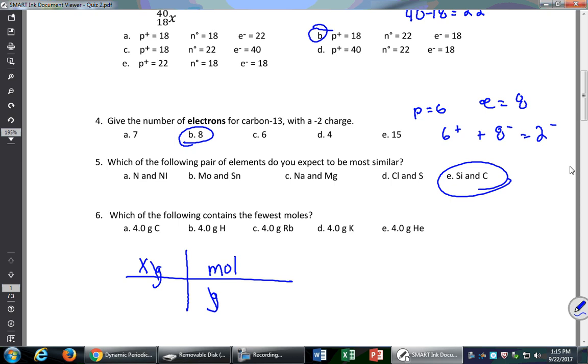So the larger our mass, the smaller that number is going to be because we're dividing by it. You can actually calculate all of them, and what you will see is that rubidium, which has the highest atomic mass at 85.47, is going to have the smallest number of moles, because that's the biggest number and we're dividing. We're starting out with 4 for all of them, so they're comparable.